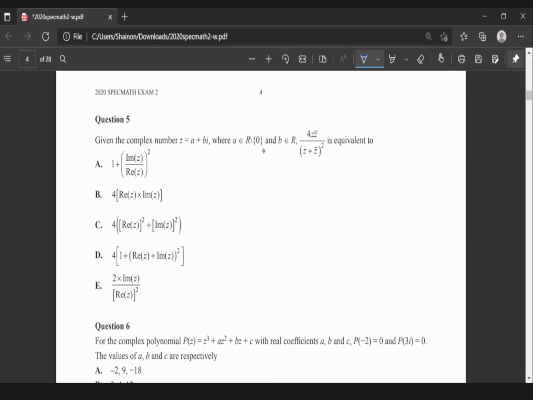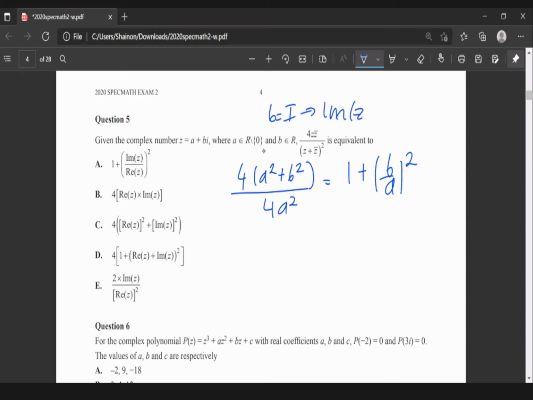Question 5, given that the complex number z equals a plus bi, so 4a squared plus b squared over 4a squared equals 1. b over a, b corresponds to imaginary, which is Im z.